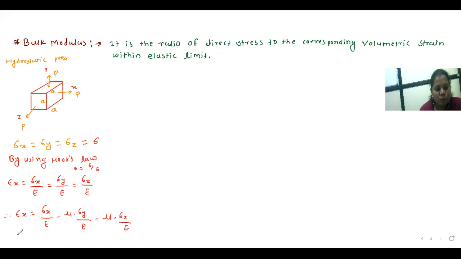Now we will put the stress along the x direction equal to the stress along the y direction equal to the stress along the z direction. So we will remove this sigma y and put sigma x, and remove this sigma z and put sigma x.